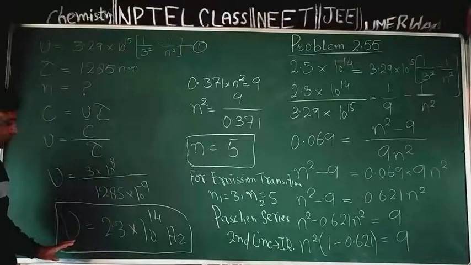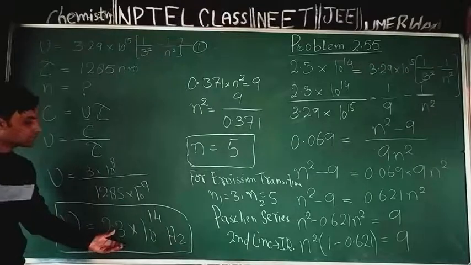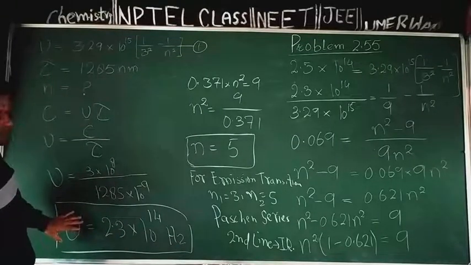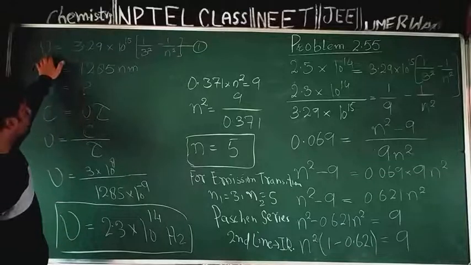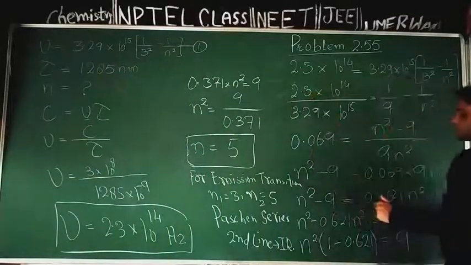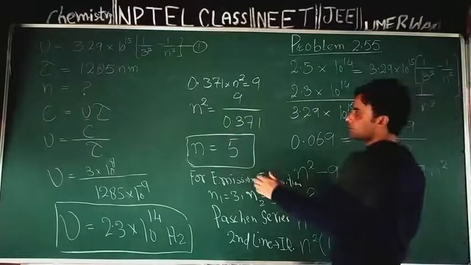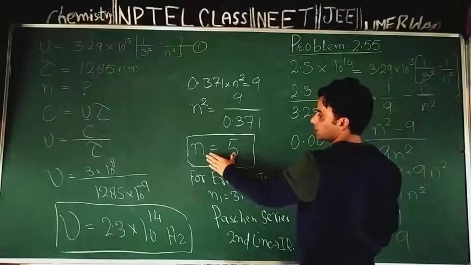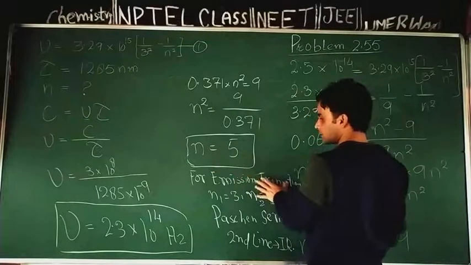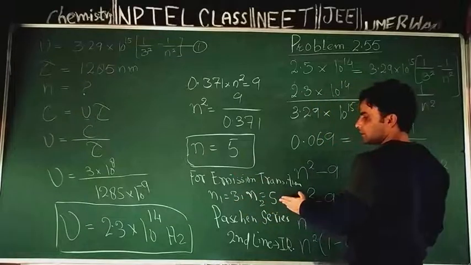Frequency of radiation emitted, I got 2.3 into 10 to the power 14 hertz. I substituted this value of frequency in equation first, and after solving I got that value of higher energy orbit from which electron transition occurs is n is equal to 5. So for this emission transition, lower energy orbit is 3, higher energy orbit is 5.